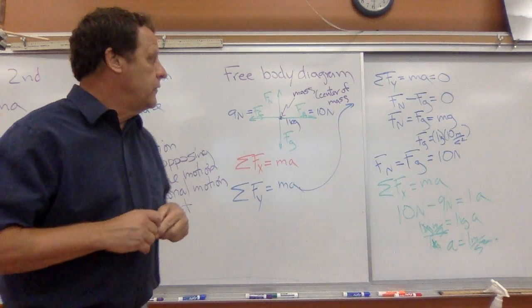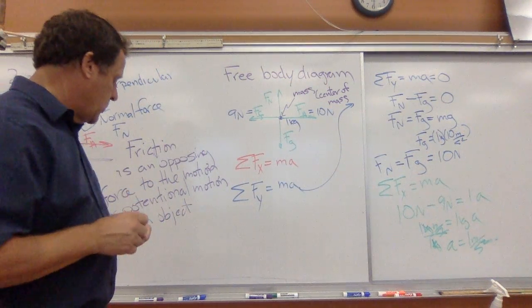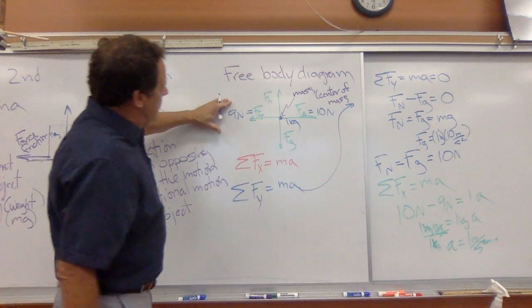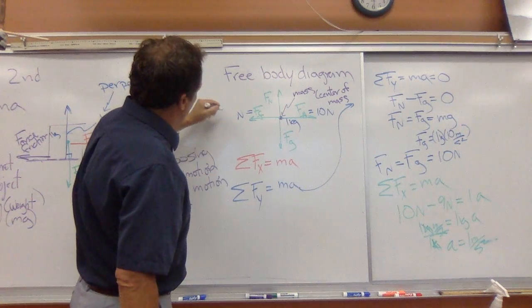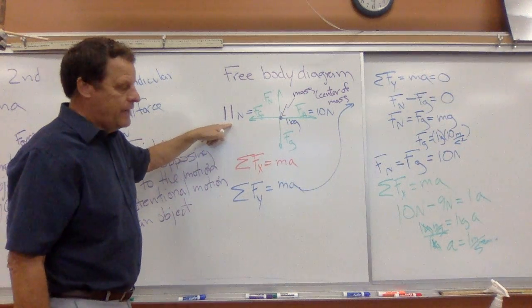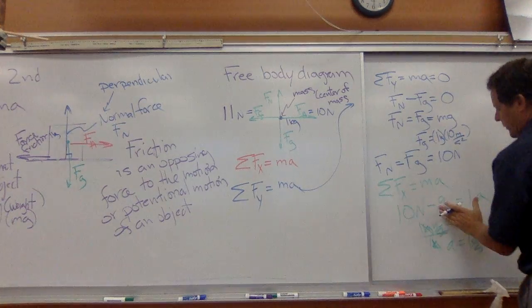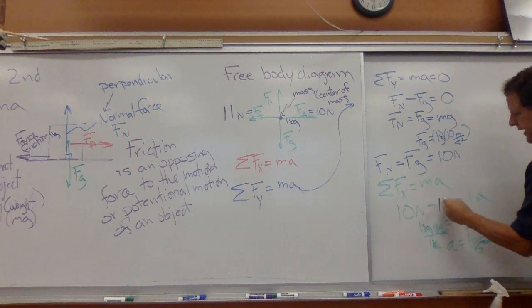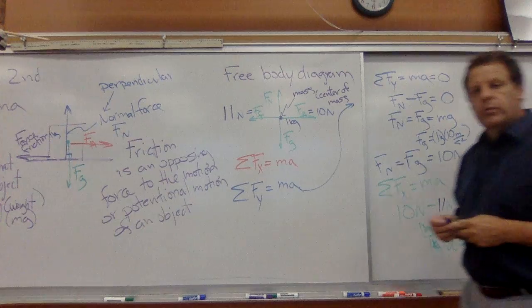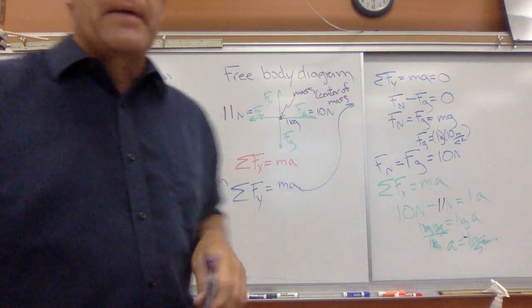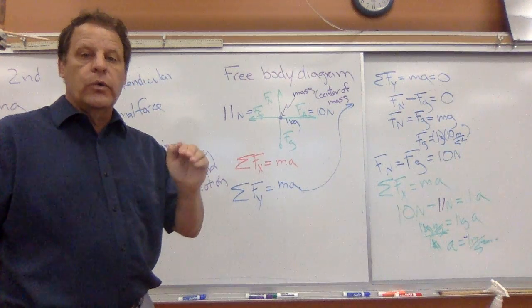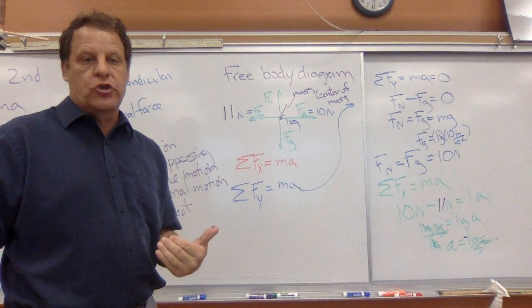So that would be kind of a typical question. Now let's think about something for a second. If our force of friction was 11 newtons, we would go back here and put 11 newtons. And when we did the math, that would equal -1 meter per second squared. But that would not be the case because friction only opposes the motion or potential motion.